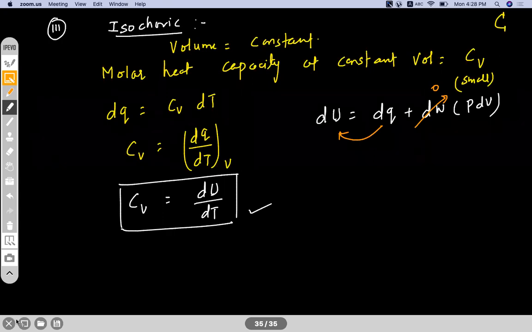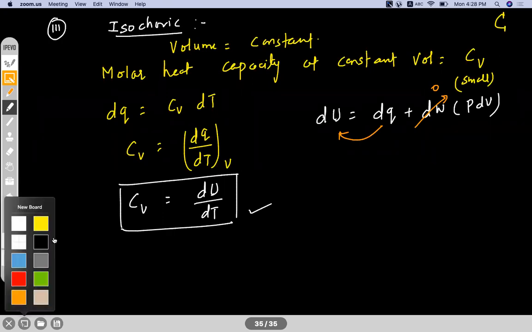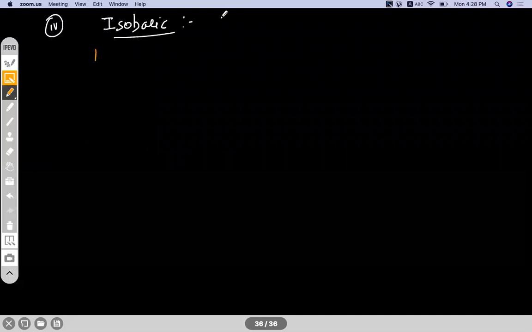Okay. Now, in the next one, you see isochoric, we are done. Now, the next one is isobaric process. And molar heat capacity, we know isobaric is constant pressure.